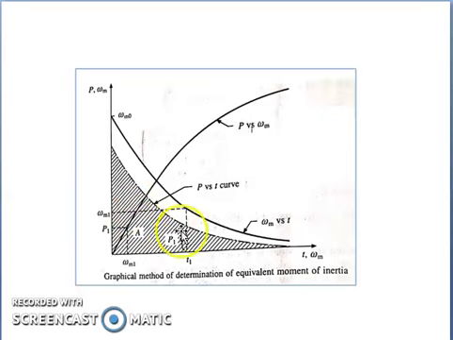That is nothing but the shaded area. Now, if the initial speed of the drive during the retardation test was omega m0, then the area A will be given by half J omega m0 square. Now, as this area A can be calculated by integrating this, it is very easy to calculate the moment of inertia J.